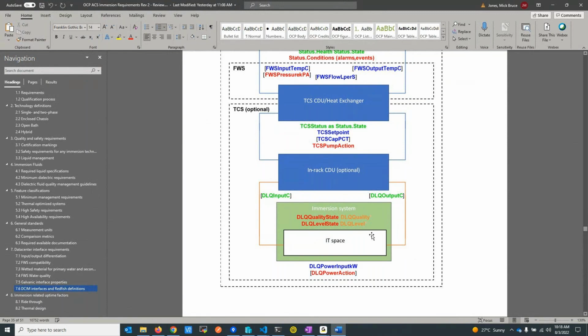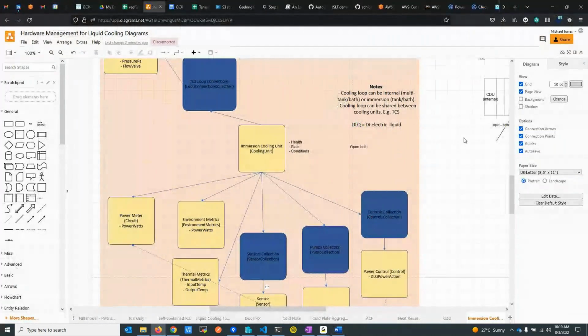Yes, that's right. With chassis level immersion, you would have the same form factor as an air cooled rack, and that means each chassis will have one server, while for tank immersion, you will have a number of servers in the same enclosure, in the same tank. Therefore, for chassis immersion you will have sensors per chassis, while for the tank immersion you will have sensors for the whole tank.